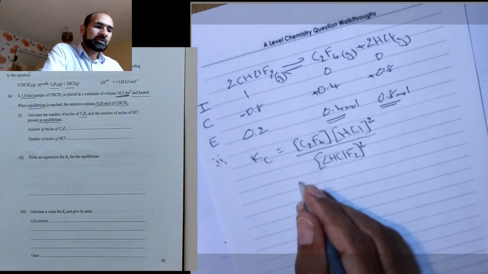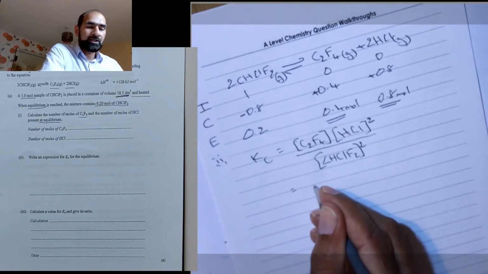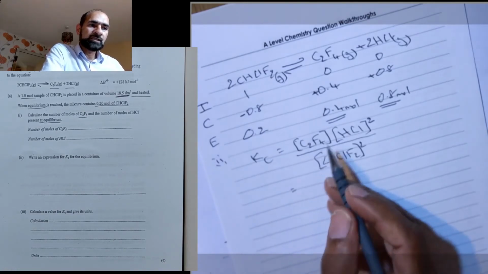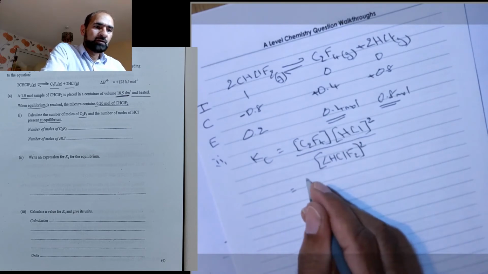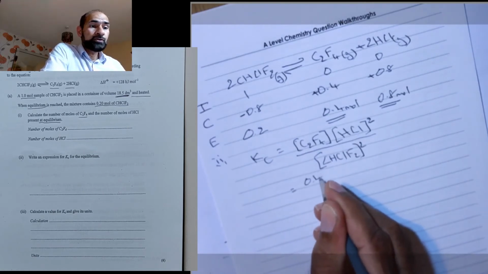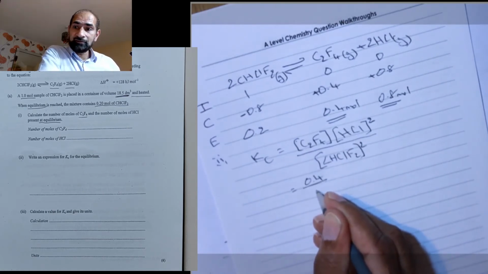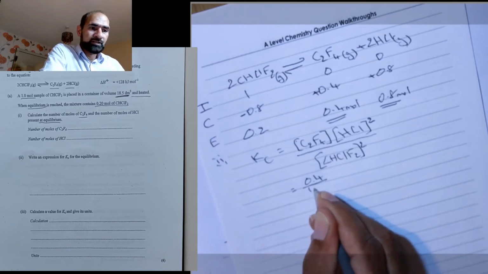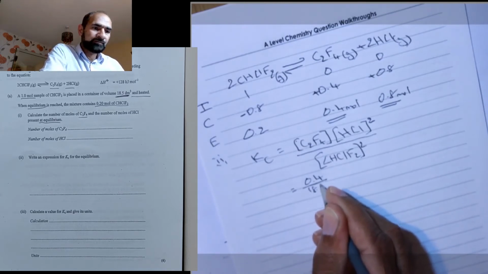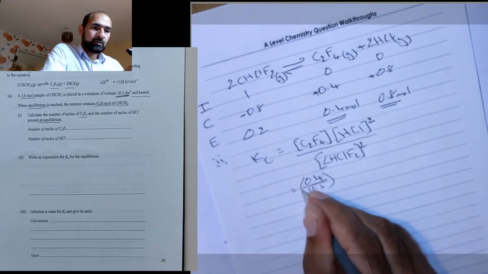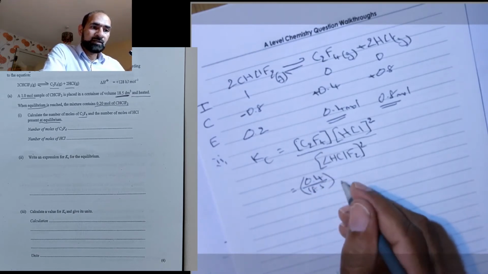So all I need to do is to work out the concentration, and I'm going to put it down. C2F4 is, how many moles is it? 0.4. To work out concentration, what do you do? You divide it by the volume in decimeters cubed, which is already in decimeters cubed, so this is 18.5. Now, I'm going to say something about these square brackets in a second, but let me just write this down.